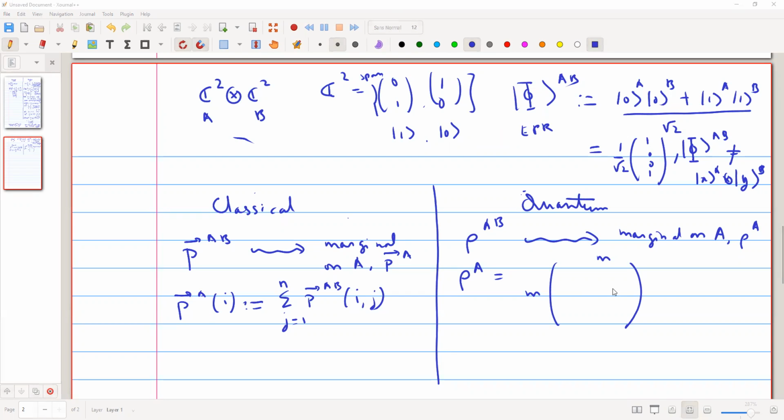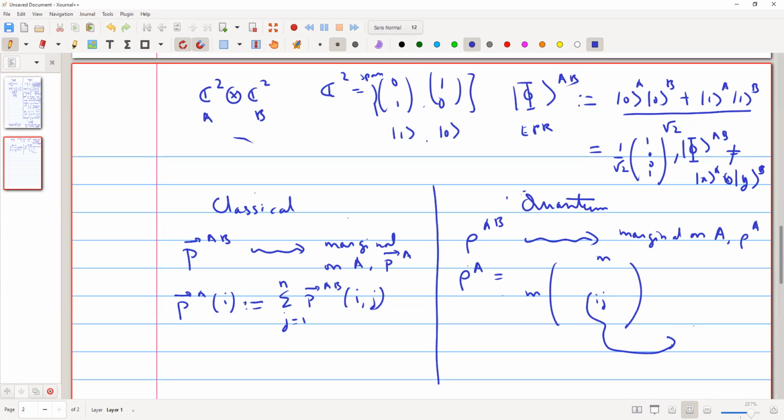Okay. So rho A, the marginal on A, since it is a density matrix, will be an m by m matrix for sure. So I have to tell you what is the ijth coordinate out here. So this is, let's say, the ijth coordinate.